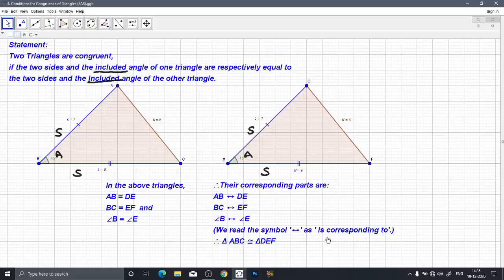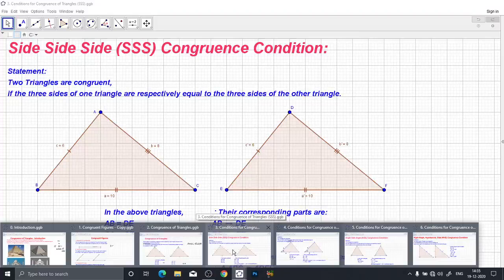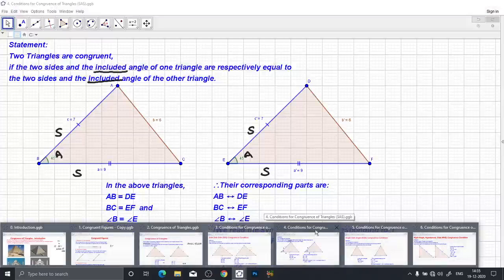This is the second one. The first one considers only the lengths of the sides. Here we are taking only two sides and the included angle.